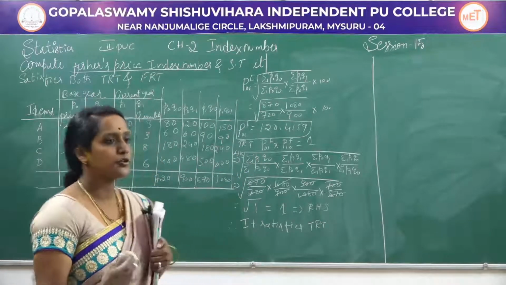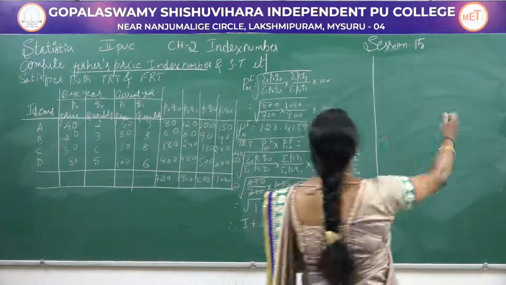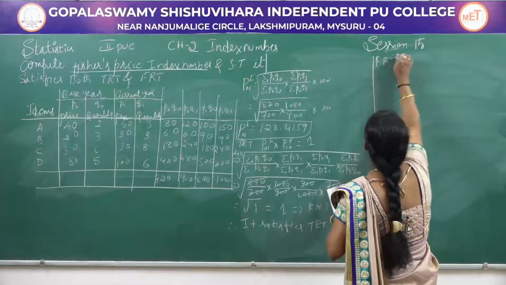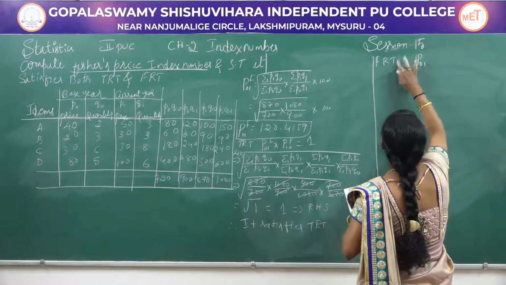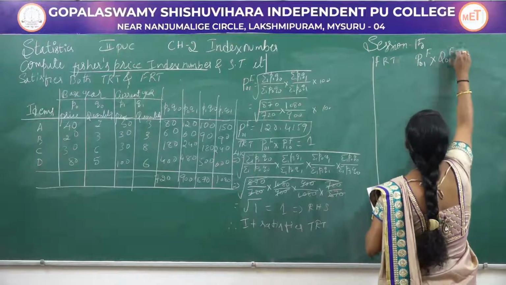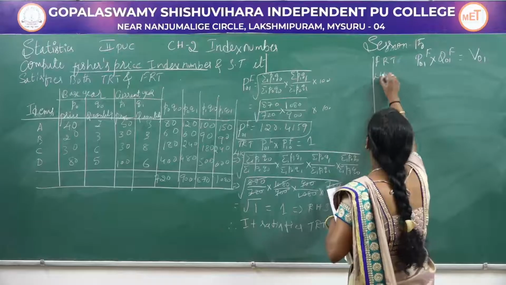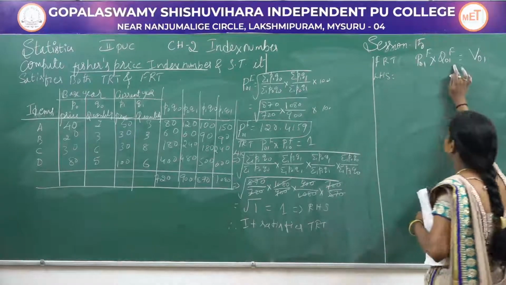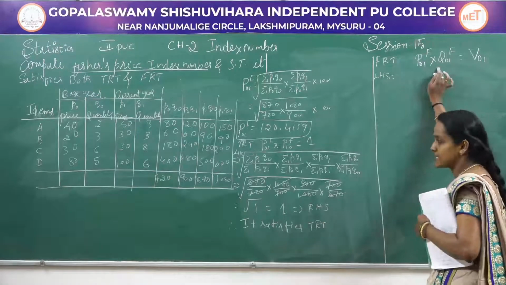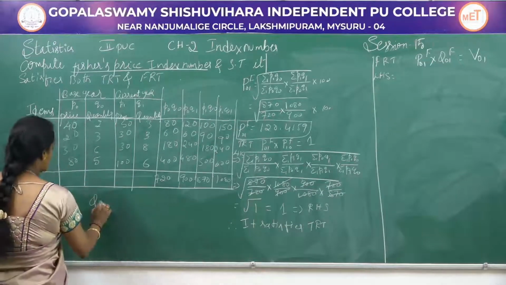Next we have to show whether it satisfies FRT or not. First write down the condition for FRT. It is P01 of Fishers into Q01 of Fishers is equal to V01. First I will take down the LHS. For this LHS, quantity index number is very important. Here I will write the quantity index number for Fishers.